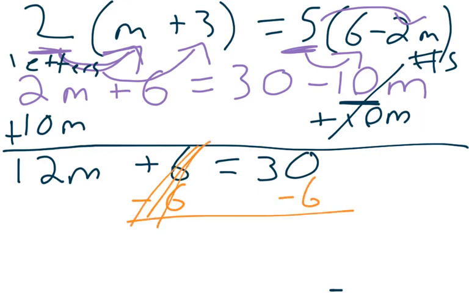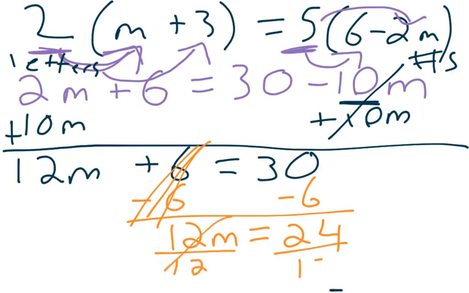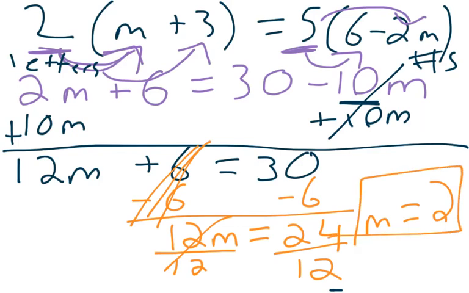And what you do to one side, you have to do to the other. So 30 minus 6 gives me 24. And then I bring down my 12m. So again, my m isn't by itself yet. I've got to get rid of that 12. So I'm going to divide by 12 on both sides. And that gives me 2.